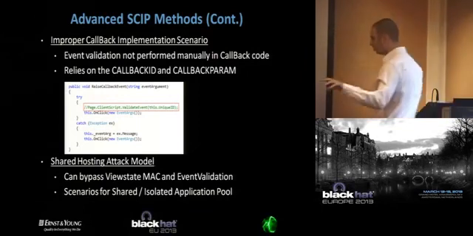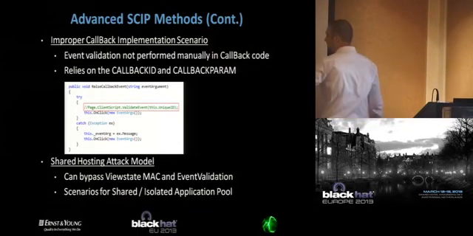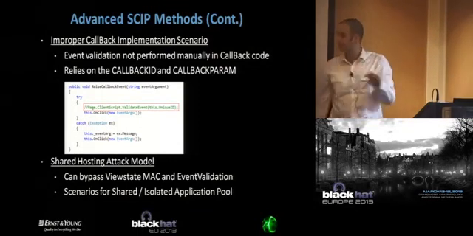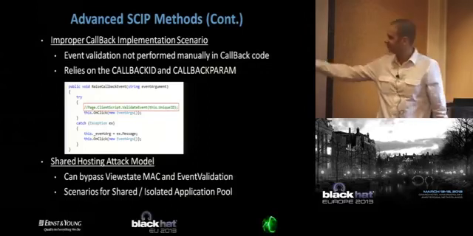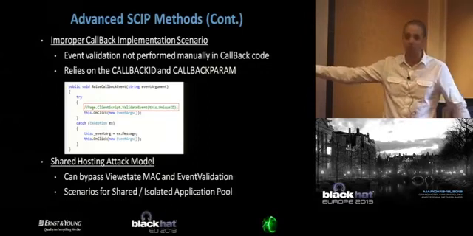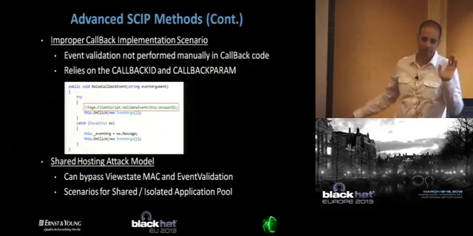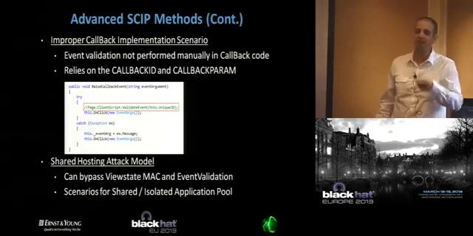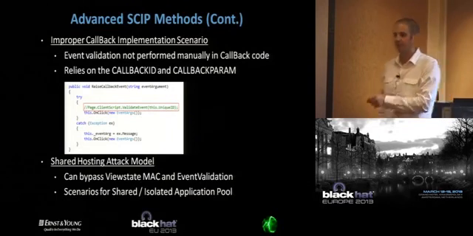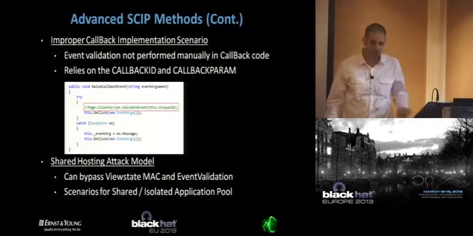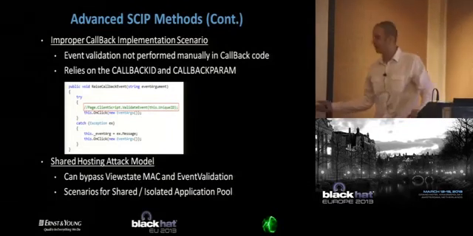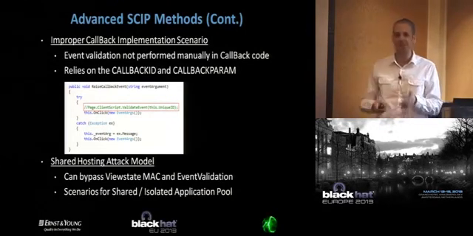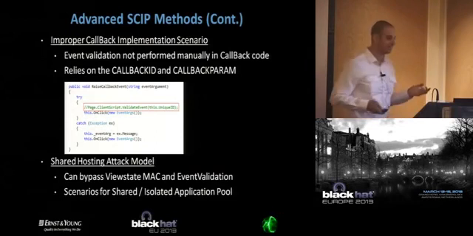So we may see a page that has event validation active and view state MAC active, but since the developer is using callbacks and disables some line of code, the attack will still work. We'll be able to execute the events of invisible controls despite any security mechanism that the system has. Which means that in real life scenarios, honestly, I don't see how invisible controls can really survive an encounter with a real life hacker.